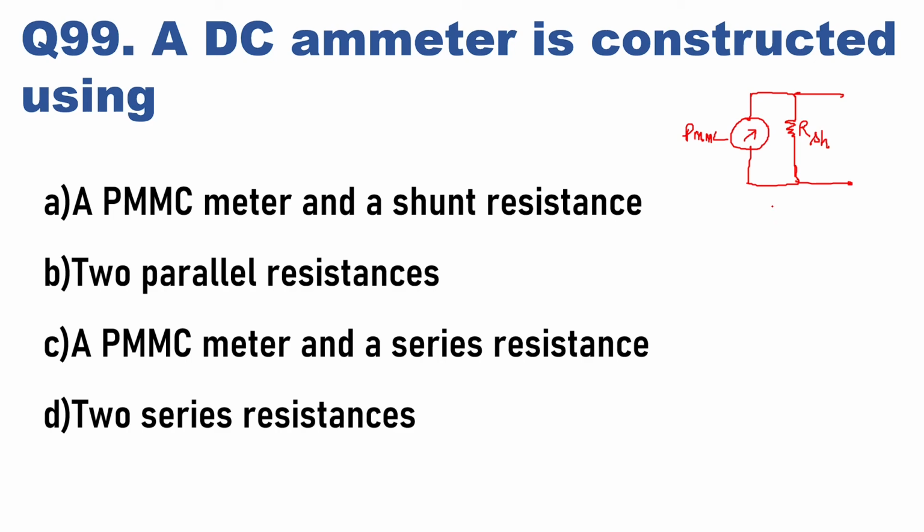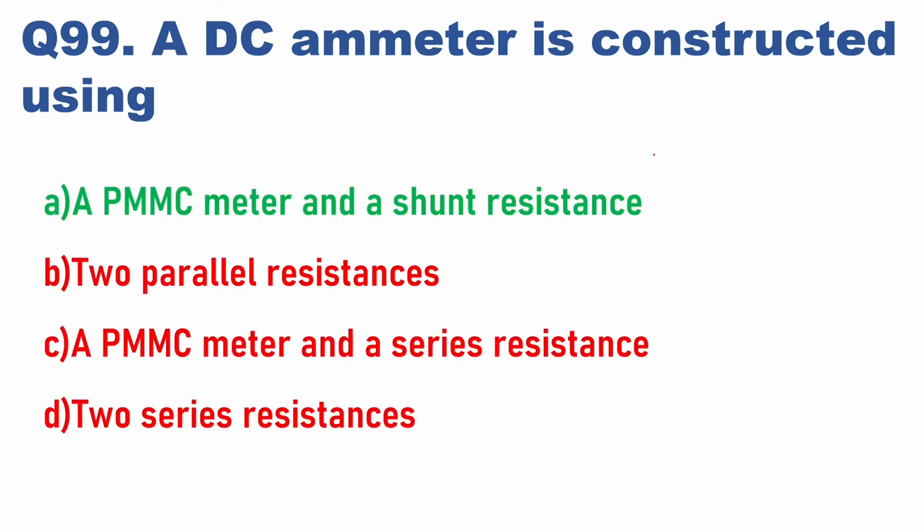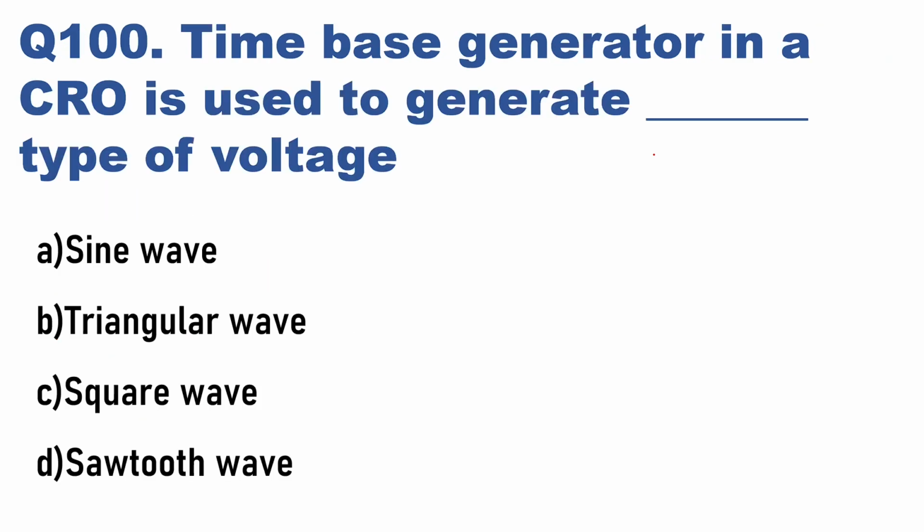So this arrangement can act as a DC ammeter. So in this question, option A is the right answer, a PMMC meter and a shunt resistor. A resistance in parallel to the PMMC meter will give the arrangement of a DC ammeter. Then we'll go to the next question.